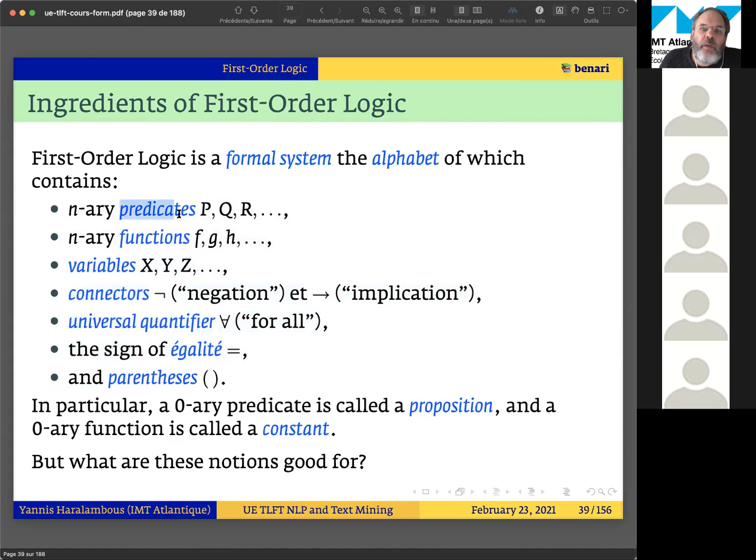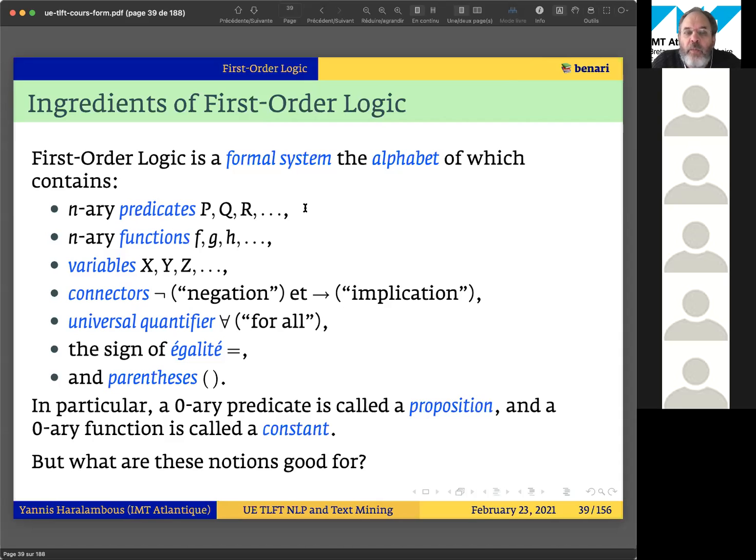Now, what is the difference between predicates and functions? The difference is that predicates are used on the highest level. If you take just a predicate, it's already a formula. A predicate can have arguments.